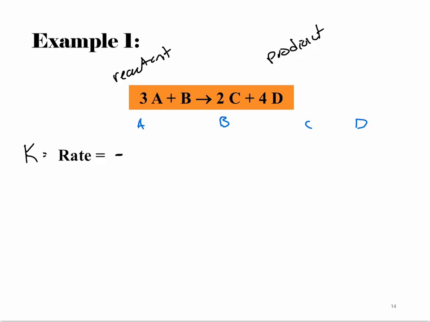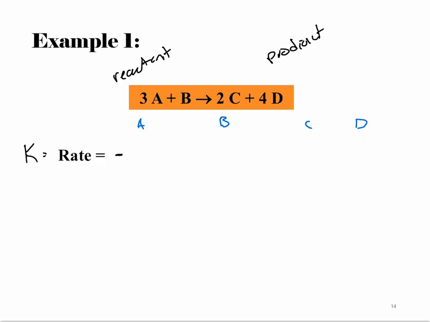And what else do we get from the chemical equation? The coefficient, right? And so how is the coefficient related to the reaction rate? The coefficient is 3, so that means that the reaction rate is going to be 1/3 of the change in concentration, or the rate of decomposition of A, right?